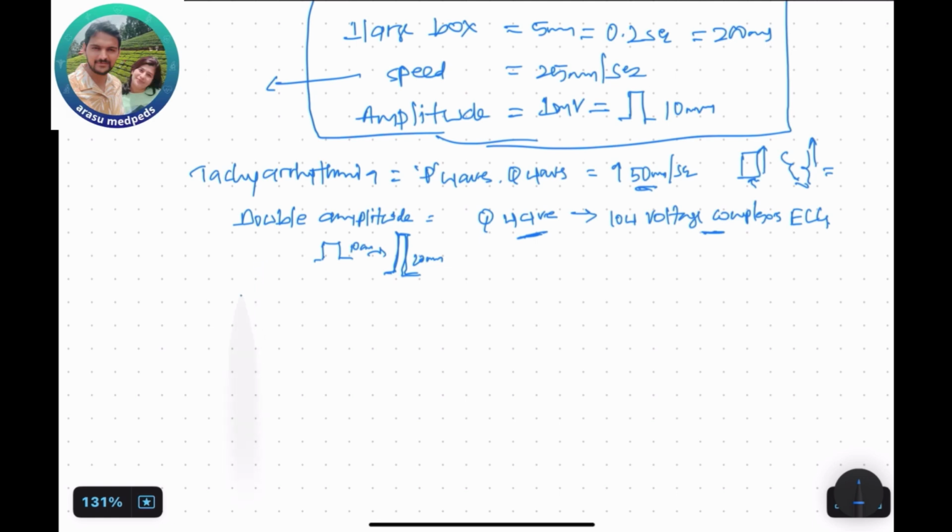Similarly, we can halve the amplitude. That is, this spike will be giving rise to 5 mm height. So when is it important? Again, to look for the waves properly, to visualize waves in case of very high amplitude.